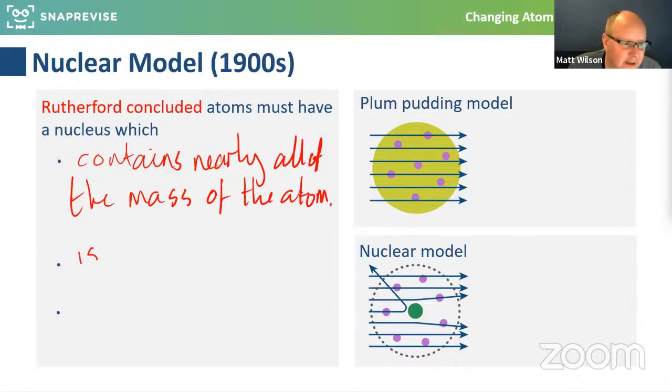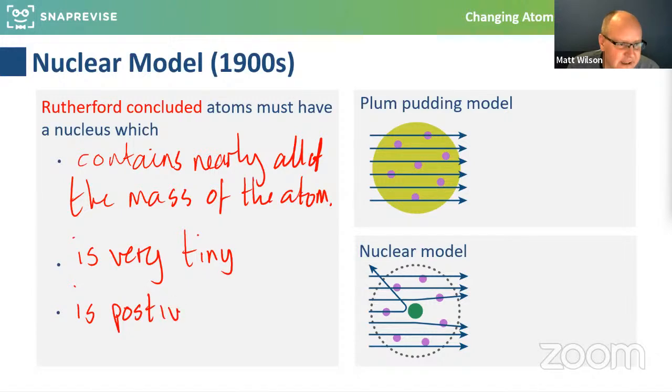It's very tiny because most of these alpha particles pass straight through without any deflection at all. And it's positively charged because when the alpha particles did encounter it closely or even a direct hit, they were deflected. And some of those deflections were large, even turning the alpha particle around, as you can see here, with a direct approach.